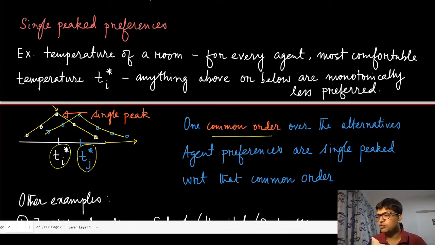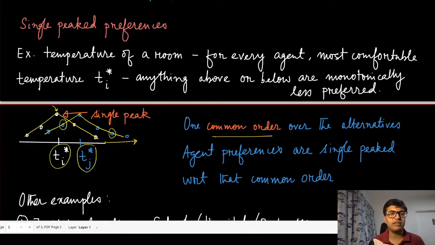If I ask you to compare, let's say, 24 degrees and 28 degrees, and your peak is 25, how you compare between these two things might change. One might dislike hotter temperatures less than colder temperatures.